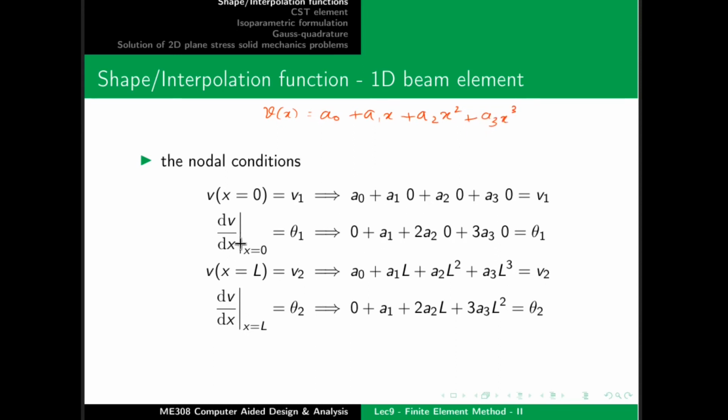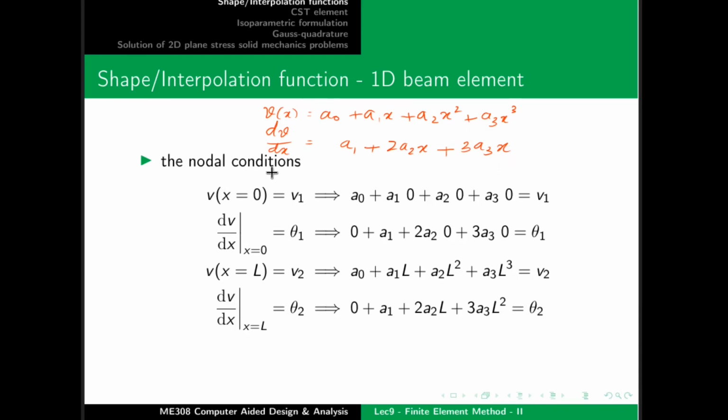We have to find the slope also. Slope is actually the derivative of the displacement function. So dv by dx is a1 plus 2a2x plus 3a3x square.